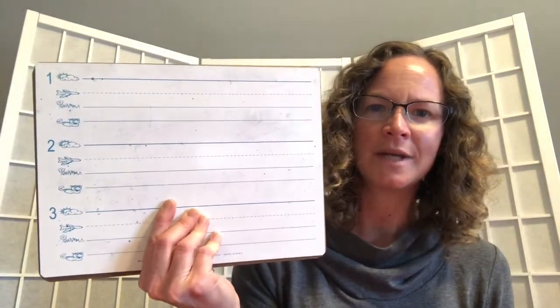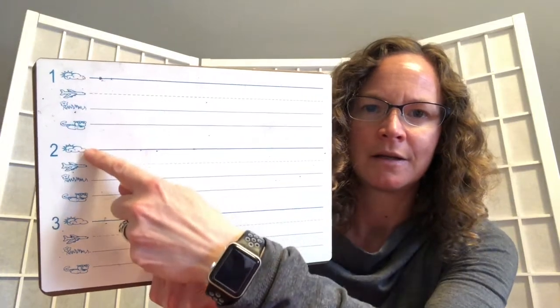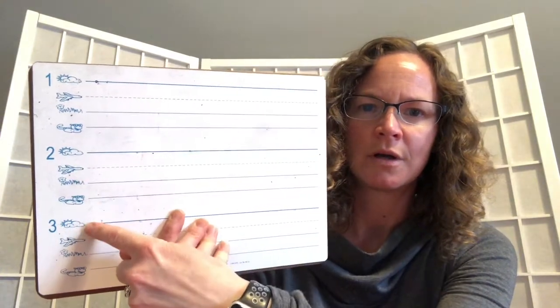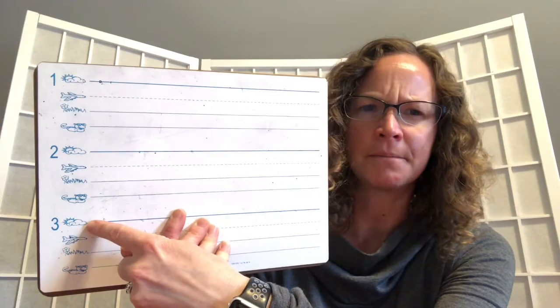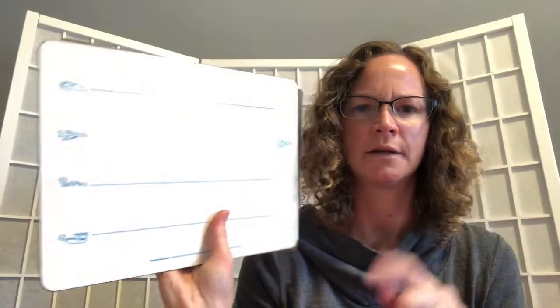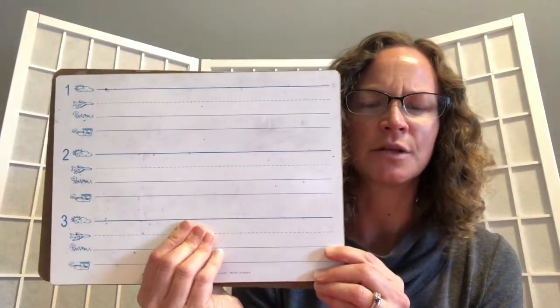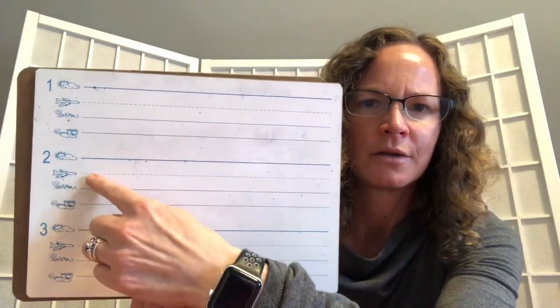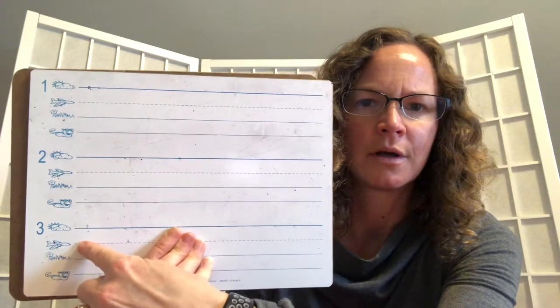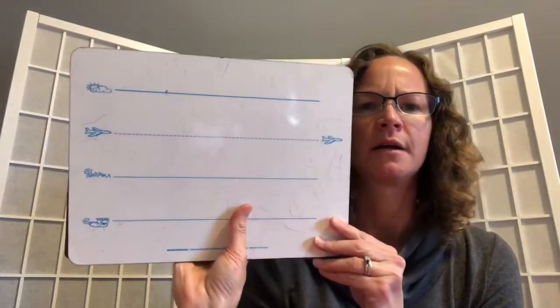Wow, how many skylines do we see? 1, 2, 3. Let's look at the other side. I only see 1. How many plane lines do you see? 1, 2, 3. Let's look at the other side.